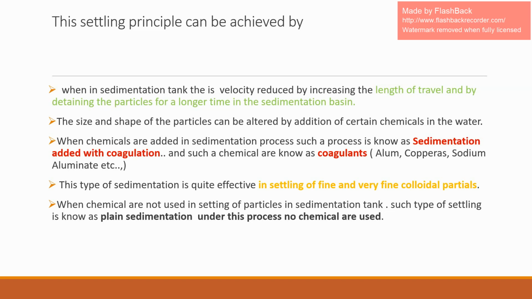Such chemicals are known as coagulants. These coagulants are alum, copperas, sodium aluminate, etc. This process is quite effective, where we can settle down fine and very fine colloidal particles.